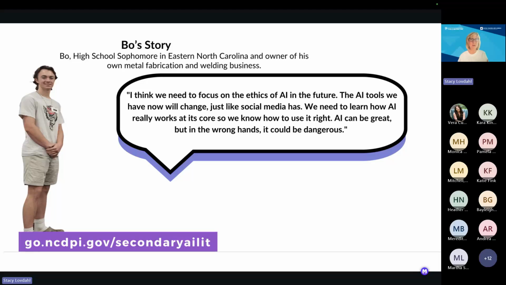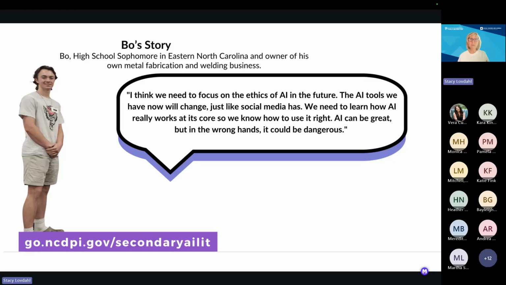I know for sure in my lifetime, I've seen it evolve from Prodigy post boards to everything that we see in social media. So he's absolutely right that as AI tools change, it can go from being something that we see the way it is now. And he was concerned about everyone needing to be informed and aware of how these tools are used.